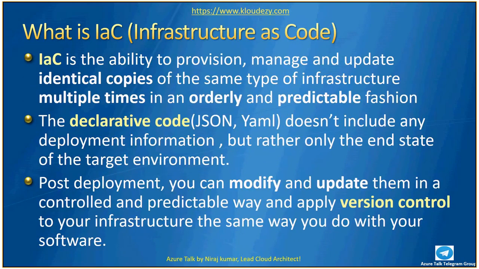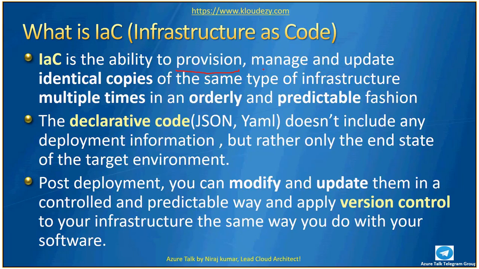So let's define what infrastructure as code is. Infrastructure as code, or IaC for short, gives you the ability to provision your resources in identical copies.